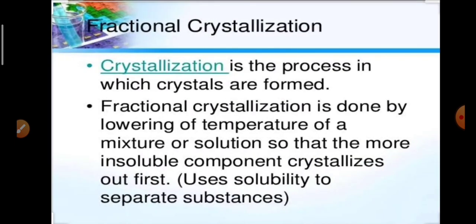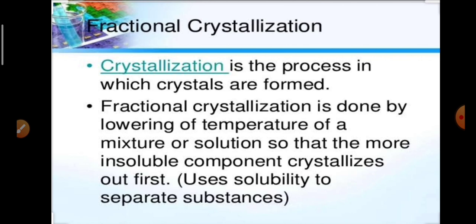The next method of separation is fractional crystallization. Crystallization is the process in which crystals are formed. Fractional crystallization is done by lowering the temperature of a mixture or solution so that the more insoluble component crystallizes out first.